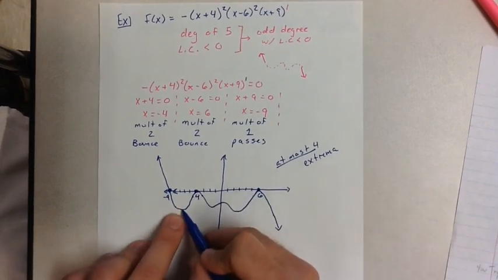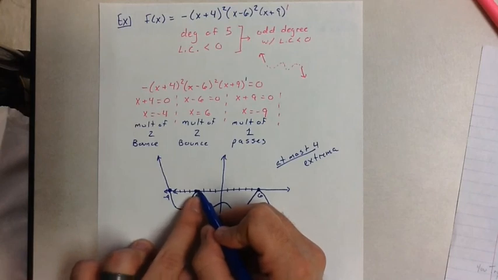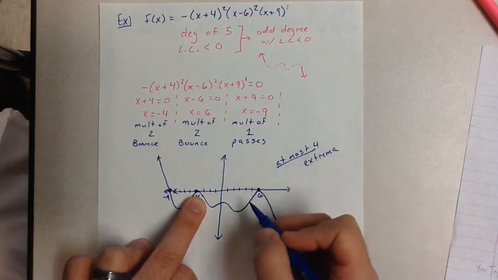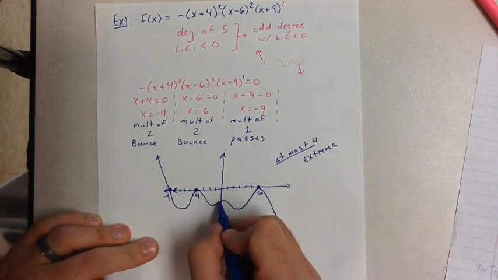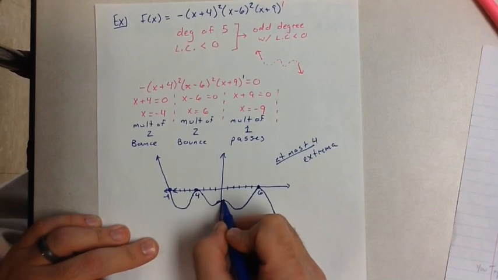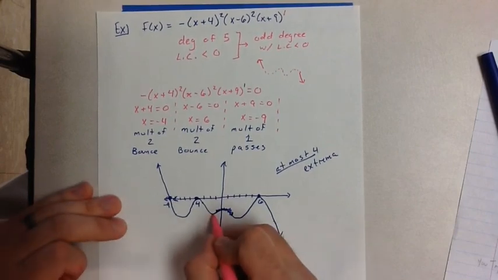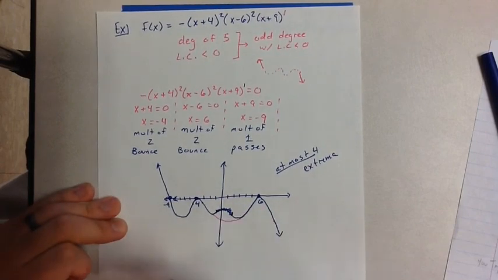So we have 1, 2, and we're going to have this one over here, 3. So I can only have one other. So we're going to have to actually disregard this piece. I have to have that.